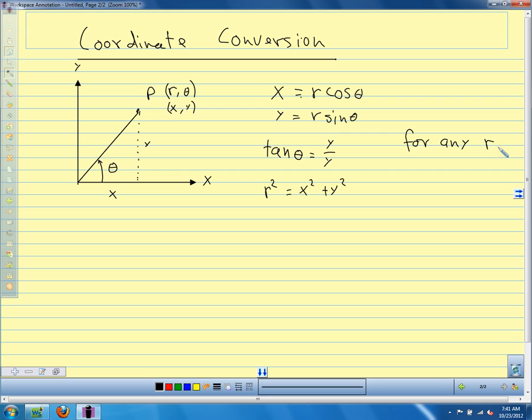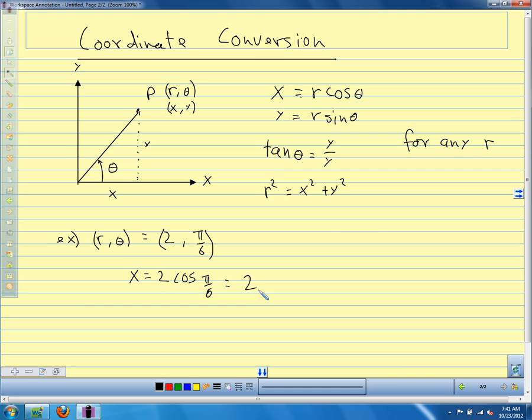So let's practice a little bit just to get back into using polar coordinates. Let's do some conversions. So if we have r is 2 and theta is 2 pi over 6, we want to convert to rectangular coordinates. So x is going to be 2 cosine pi over 6, which equals 2 times cosine of pi over 6.